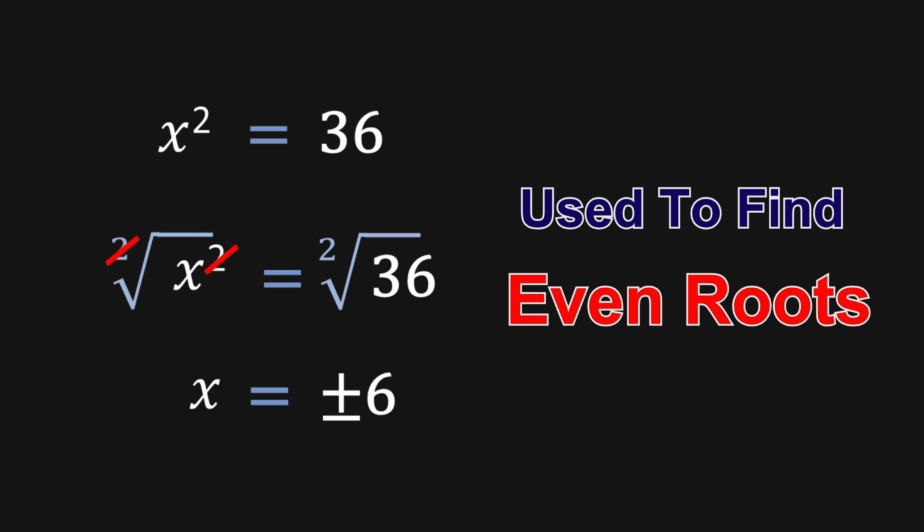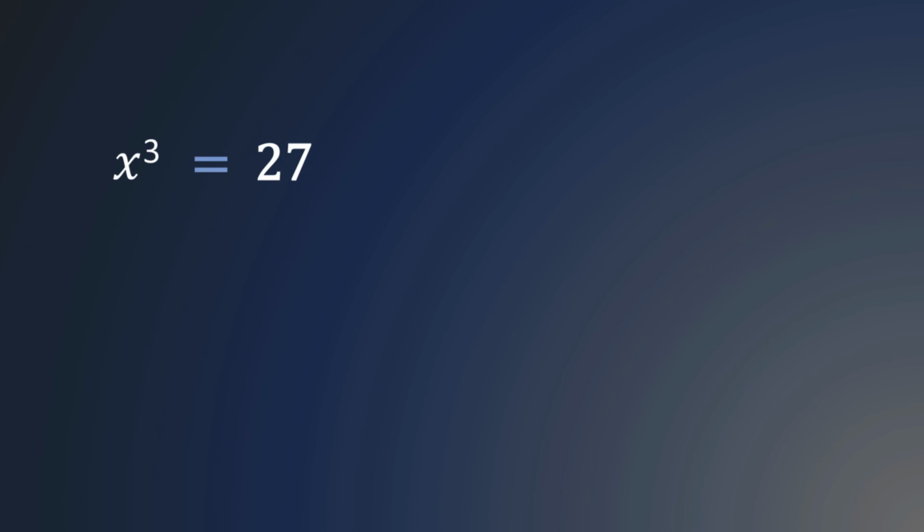So far, we've seen that even roots, like square roots, can have two solutions, one positive and one negative. But what about odd roots, like cube roots? Let's find out. Take this equation. x cubed equals 27. To solve for x, we need to undo the cube by taking the cube root of both sides. Cube root of x to the power 3 equals cube root of 27.